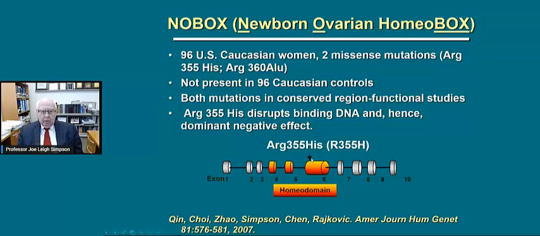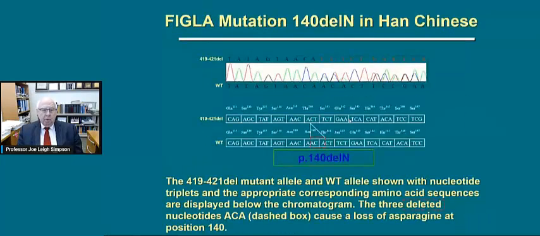It's shown in a box right here. We showed there was functional significance. We didn't see it in the controls. They were in a conserved region. We won't bother to go into it, but it's something we look for in determining cause and effect. And the particular mutation disrupts DNA binding. And so you would expect that it would have a deleterious effect. Indeed, it did have that.